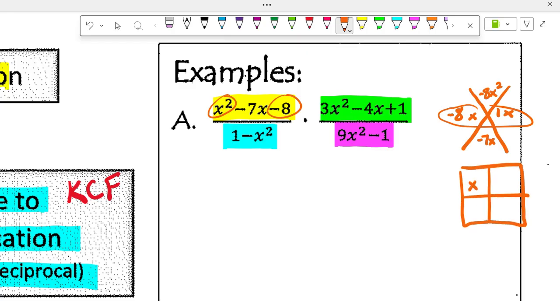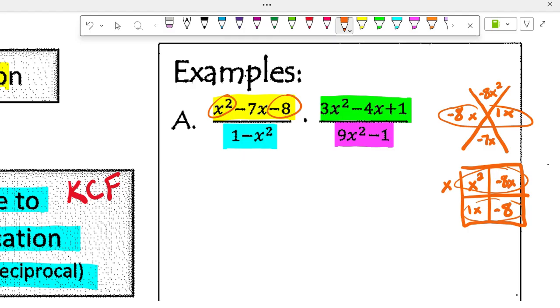So I have x squared, which comes from the original. Negative 8 comes from the original. Then I have negative 8x and 1x. So this first row, what's the GCF of that first row? It's x.